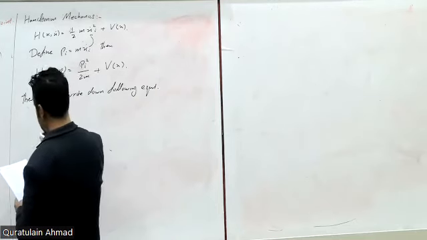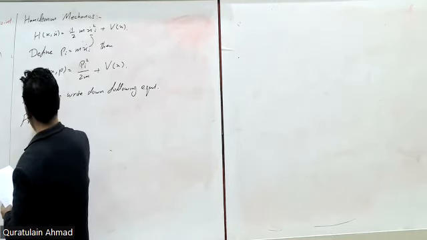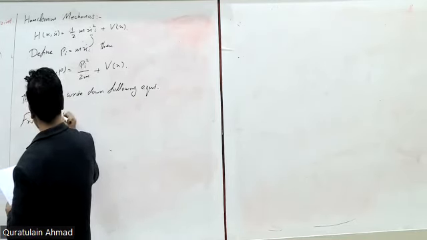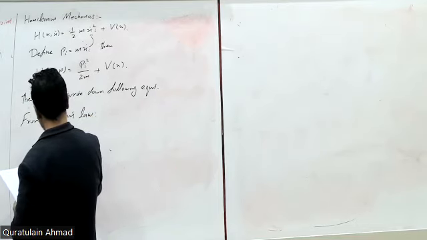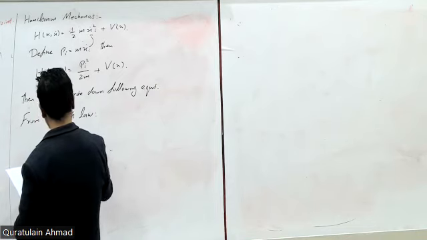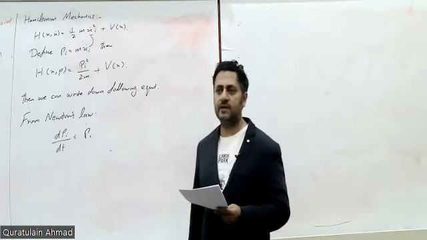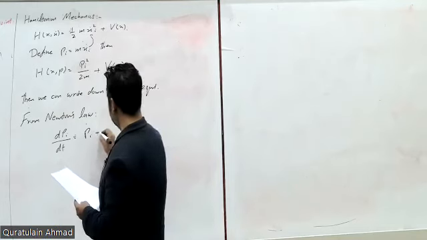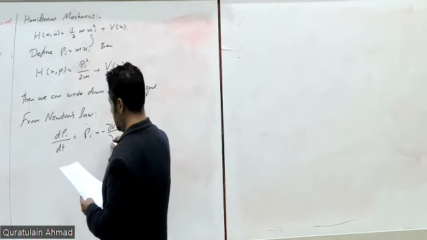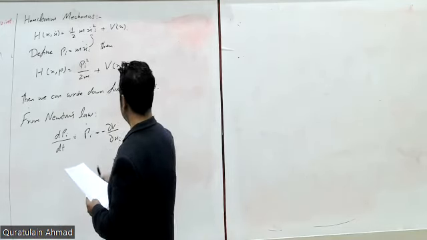So what are the equations? Well, from Newton's law, d p i over dt, which is p i dot, this is just m x double dot. So this should be equal to minus dV over dx i.